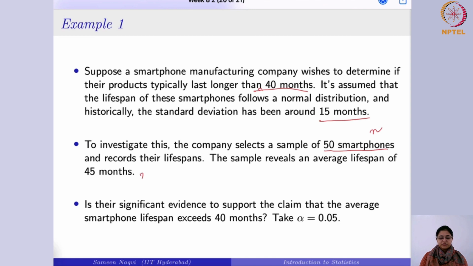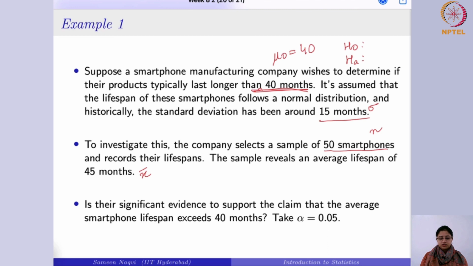Average lifespan would be x bar for you, right? 15 months of standard deviation, this is sigma, because it is for the population. So we are talking about the situation where the standard deviation is known to you, and this is basically your mu naught over here. So mu naught is 40 months. You have to frame your null and alternative depending upon this.